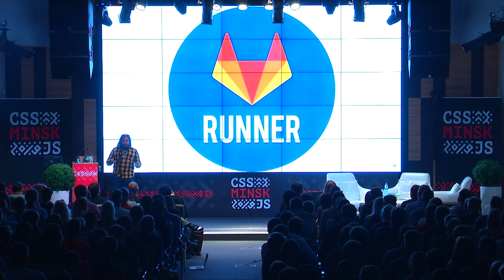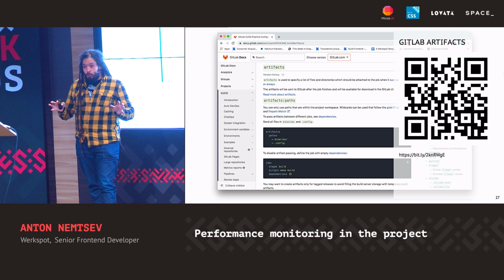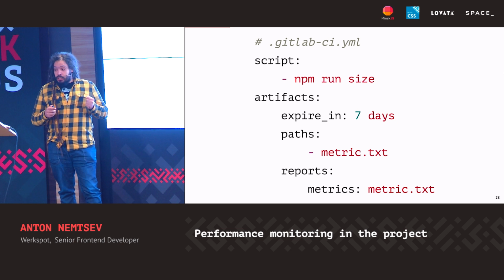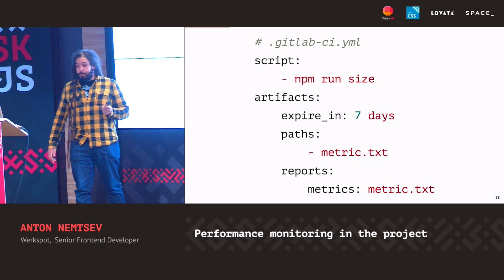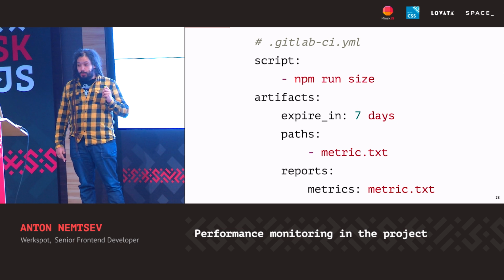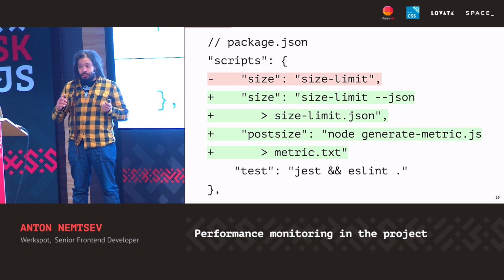And to make it even more fancy, let's add some voodoo magic of GitLab artifacts. So, let's create a script which will run this package and add an artifact of type reports. To make it work, let's change our script.